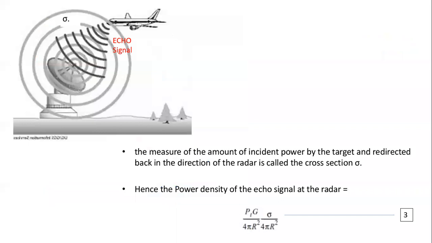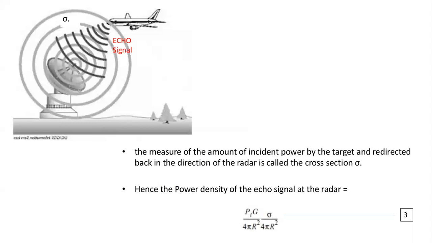Now, what does that mean? That after reflection, the signals that are being received by the antenna, that we are calling an echo signal, we are saying that the cross section of that entire echo signal that is being received is sigma. Okay. Now with that, what happens? The power density of the echo signal at the radar becomes sigma by 4 pi r square.